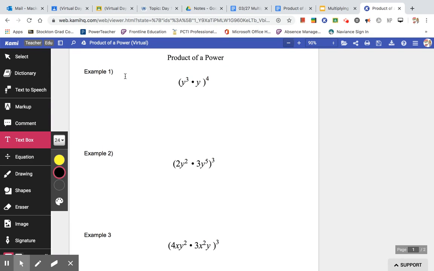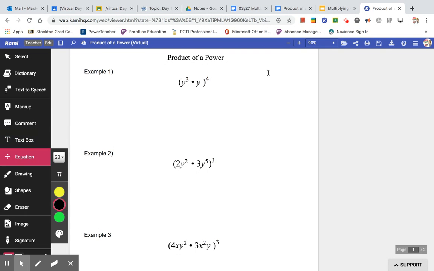So if we take a look at example 1, in parentheses we have y cubed times y, and on the outside of the parentheses we have a 4 here. This is a little bit different than ones we've seen before, because the ones we've seen before have looked like this. They could either have been y cubed times y, or we might have seen y cubed only with one y, to the 4th power.